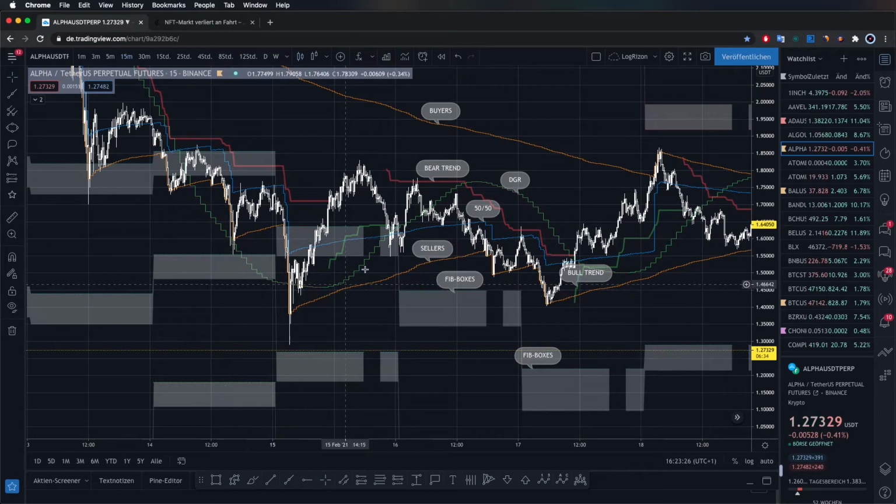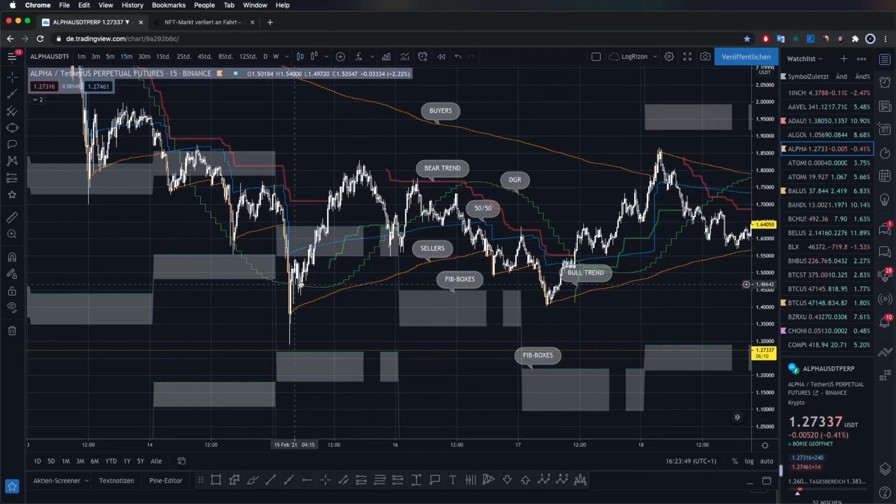The most important one is this green line. This is actually the DGR step line. So every time you see that this line is going in a wave form, and every time the price is above this DGR line, the price is heading up.